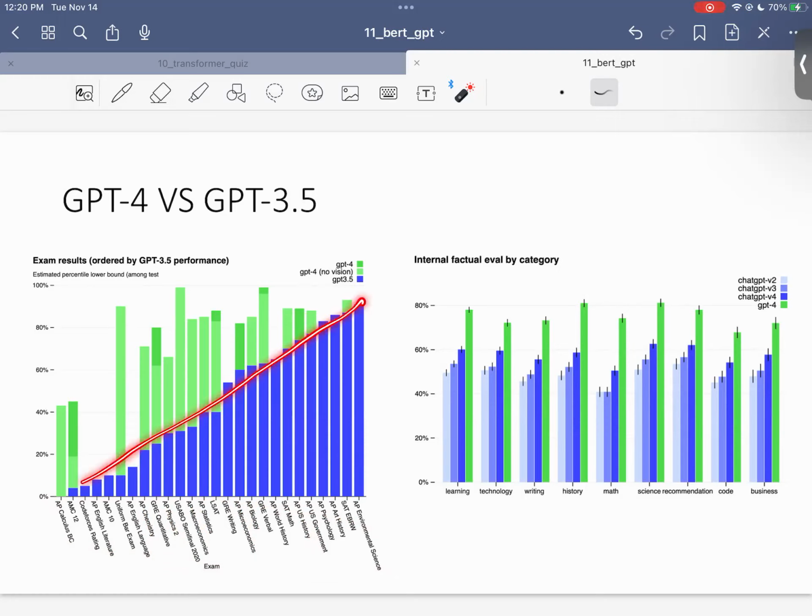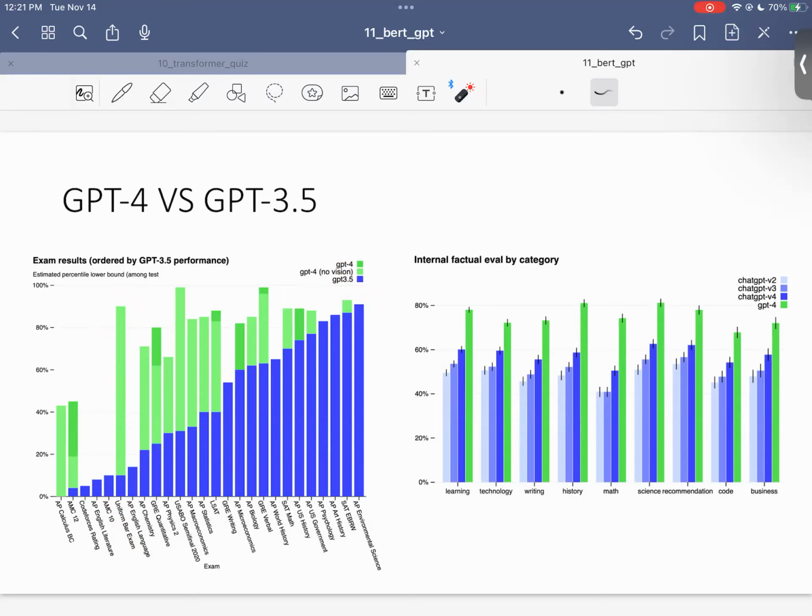And this is GPT 3.5, and this is GPT-4, and the most drastic difference between the two is here, the uniform bar exam. The uniform bar exam is a lawyer licensing exam, basically. GPT 3.5 was in the bottom 10% of the lawyers who took this exam, and GPT-4 is in the top 10% among the lawyers who took this exam. So within about 1 year, GPT went from being a poor lawyer to a great lawyer, which is a great achievement.